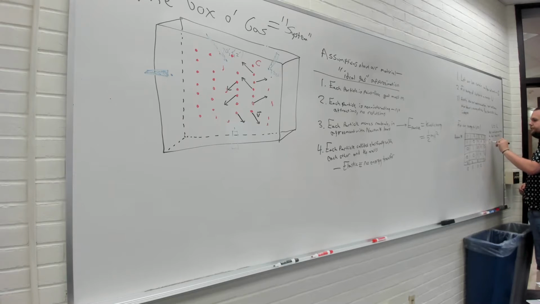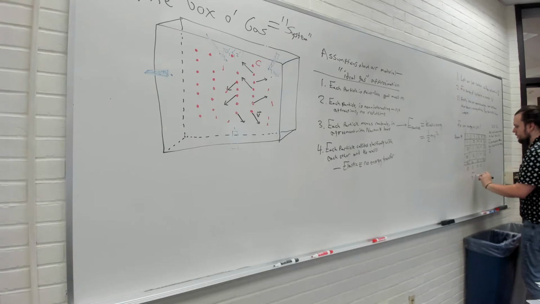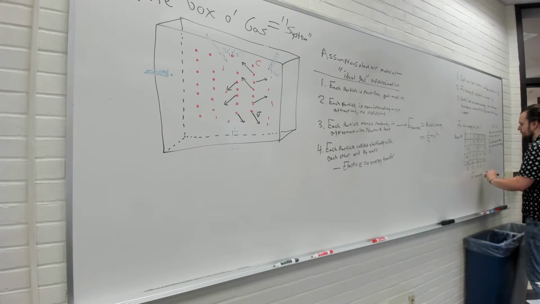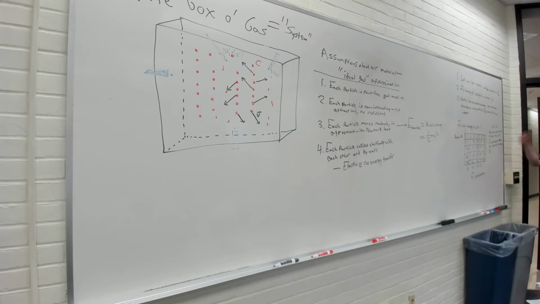And 5 combinations where one particle has energy 2. So this is 5 combinations, and we can count how many this other one is. That's 4 plus 3 plus 2 plus 1, so 10. So 15 combinations.